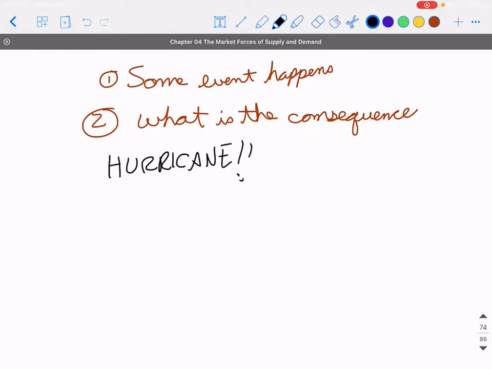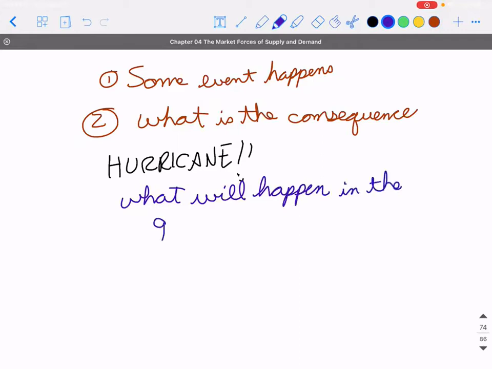Hurricane! And then I want to say, what will happen in the generator market after a hurricane happens? I, as an economist, can predict that.